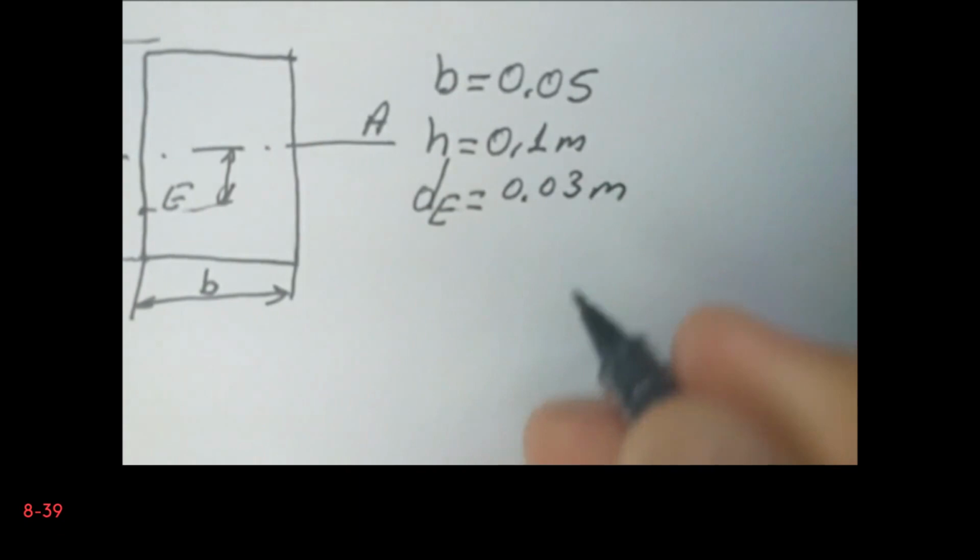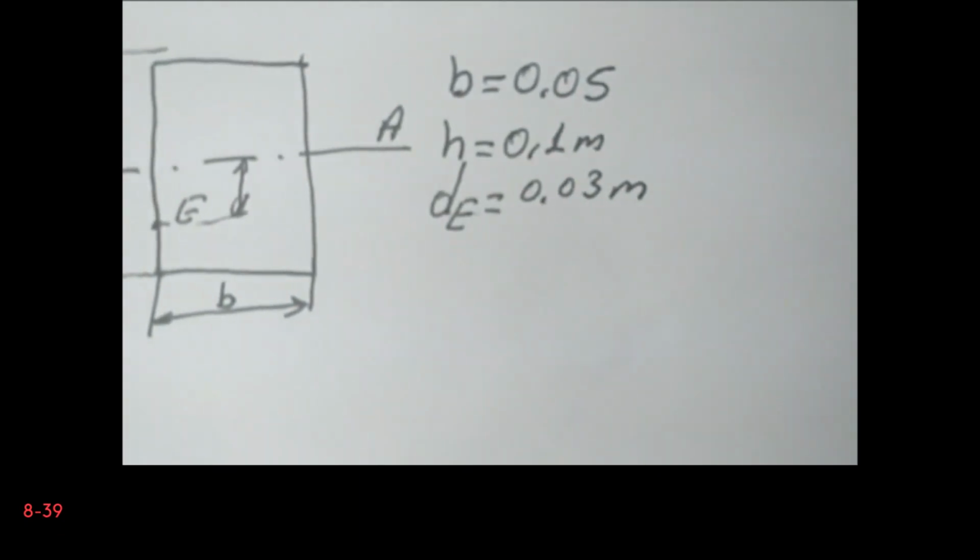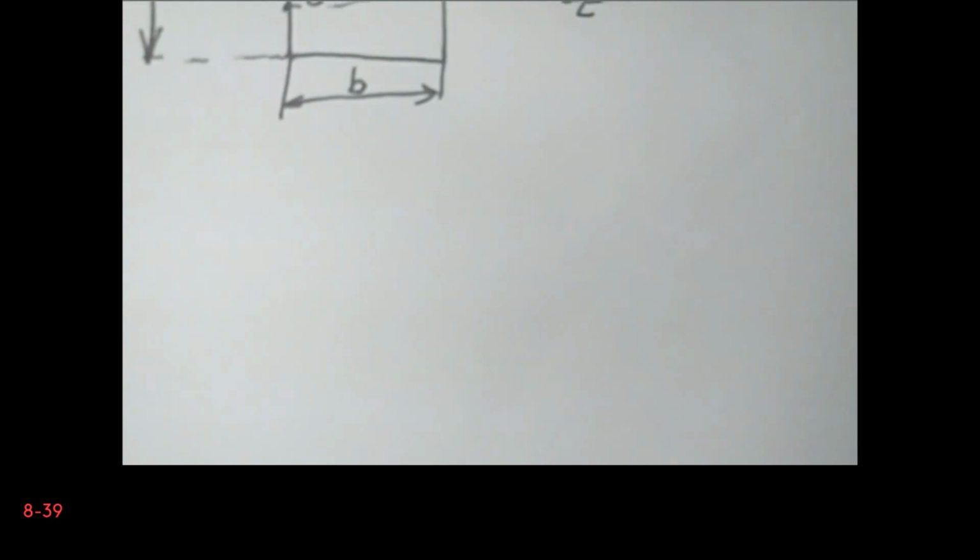Okay, so the first thing is that we don't have any torque applied to the cross section, so we don't need to calculate the rotational moment of inertia. But we have shear force and bending moment. Therefore we need to calculate the bending moment of inertia for the cross section. So let's do it first, and then we will calculate the first moment of the area.